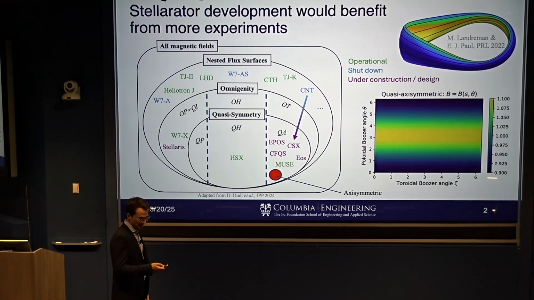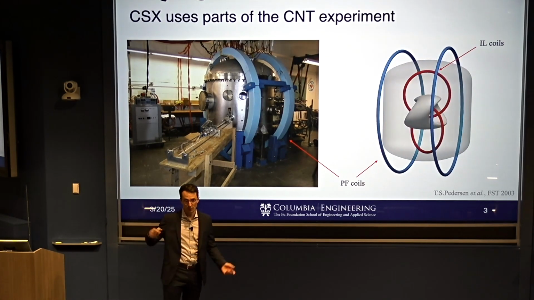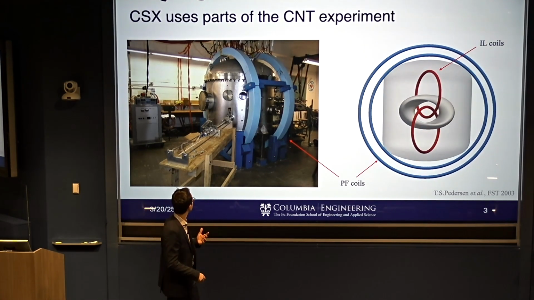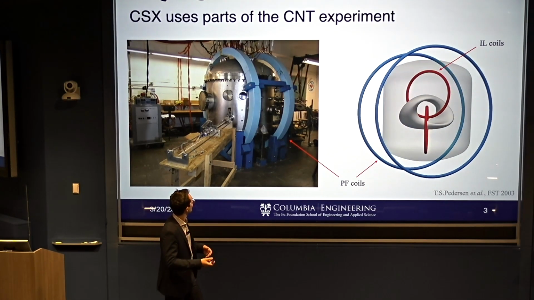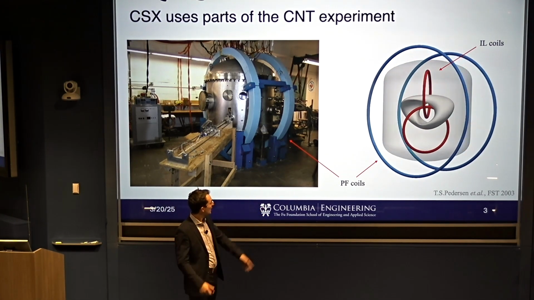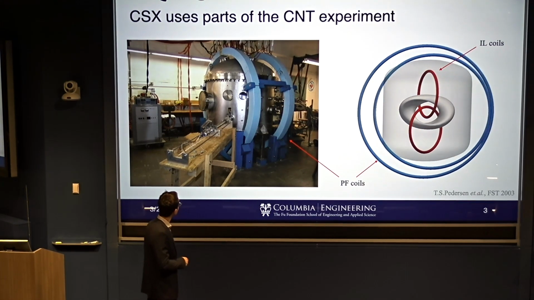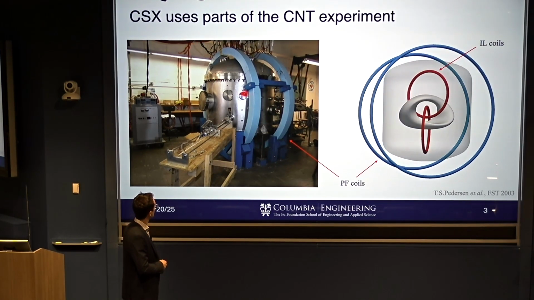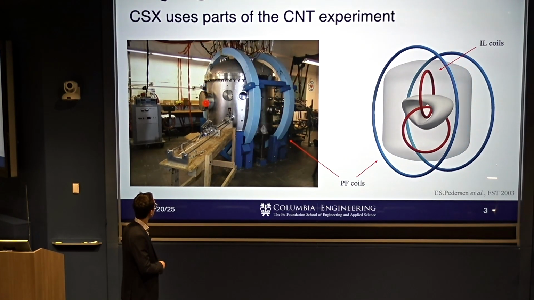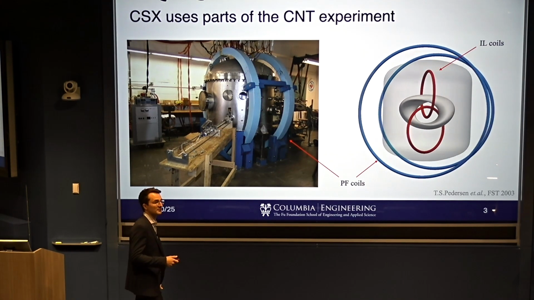So as a starting point, I'm going to show you what CNT is. On the right, I have a picture of CNT in the lab, when the lab was in order. And on the left, I have a 3D version of CNT. What you see is these two large planar, circular copper coils, that we call PF coils, for poloidal field coils.